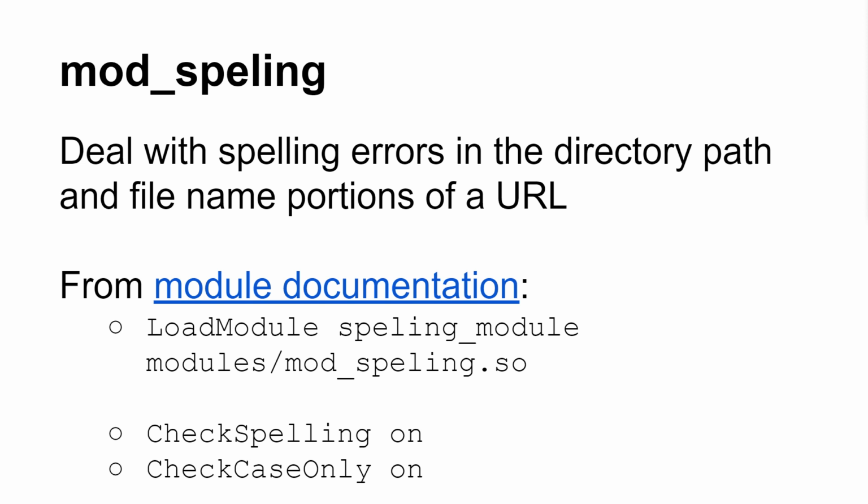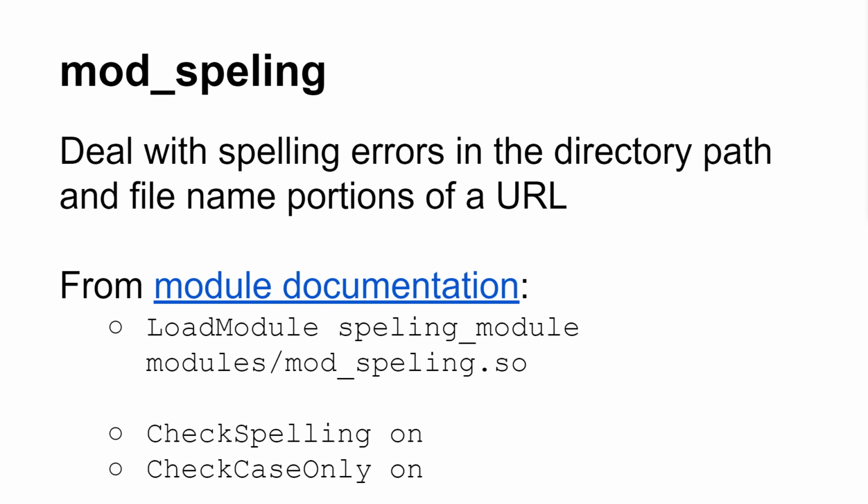So the spelling module can help to alleviate it if you've accidentally misspelled a directory path or accidentally left out a capitalization or put in a capitalization for individual files or directories that you're looking for. So the LoadModule is going to be speling_module, and then the actual module file itself is going to be in the modules directory named mod_speling.so. That first bullet point there should be one whole line. It doesn't fit on the screen as one line, but it should be one line.